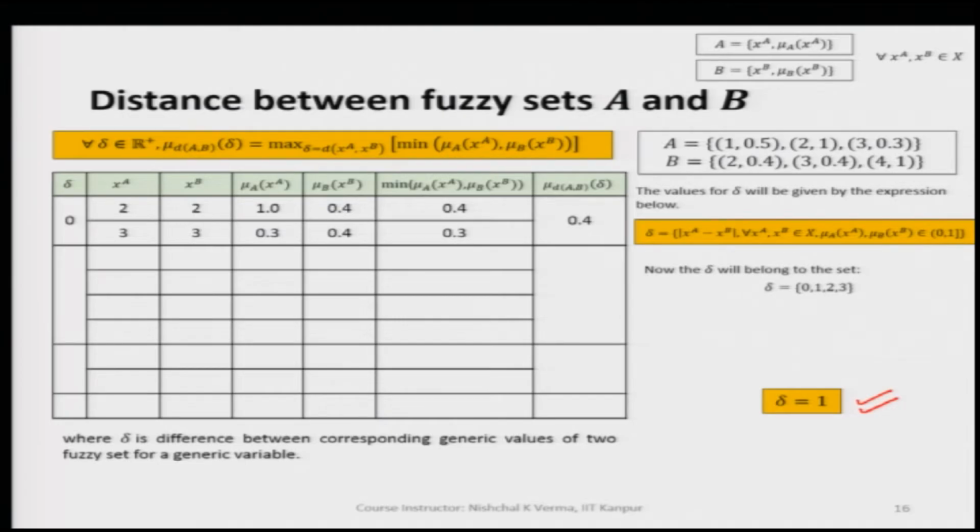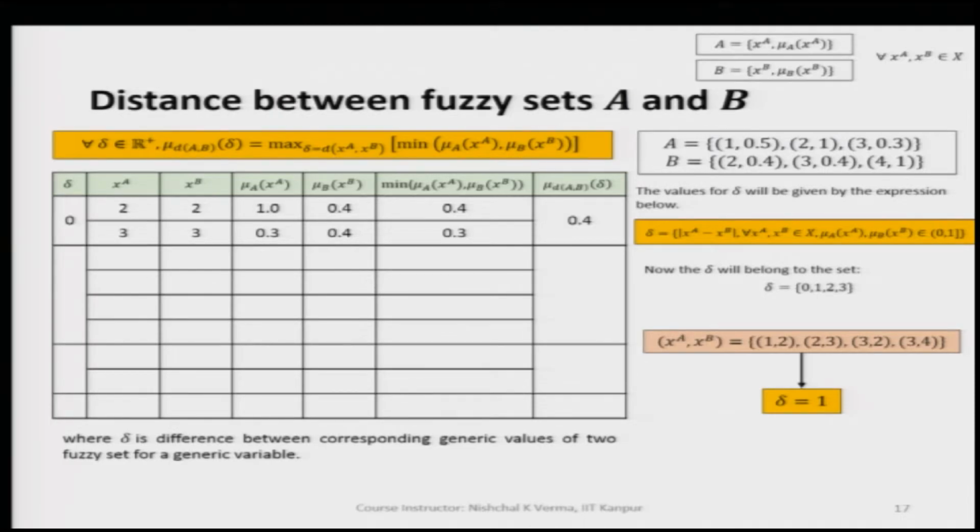If we start finding the x A, x B values from these two discrete fuzzy sets A and B, we see that we have 4 combinations.